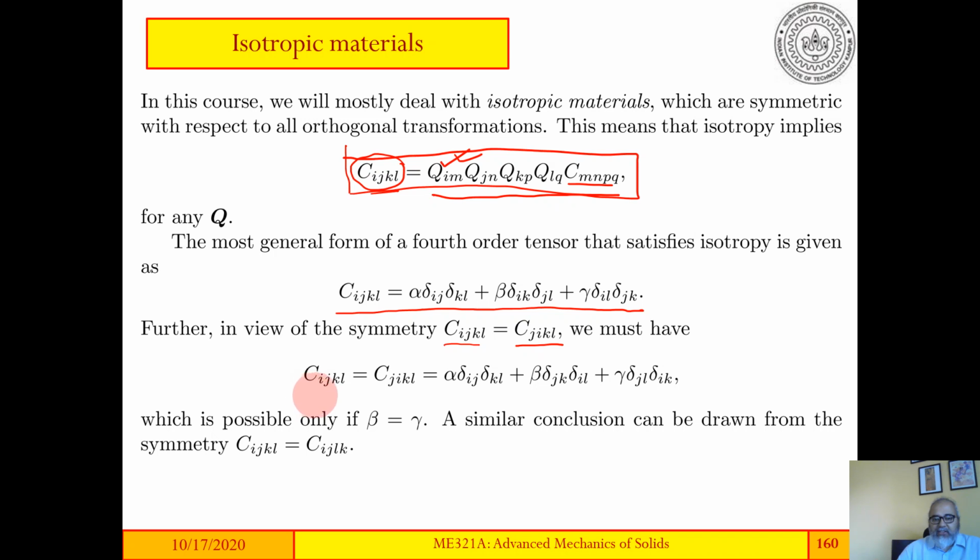And if I use that, Cijkl equal to Cjikl, so I just switch i and j here, then I will see that this will become delta ki, delta jk, and this will become delta il, and this will become delta ik, and this will become delta jl, and this will become delta ik.